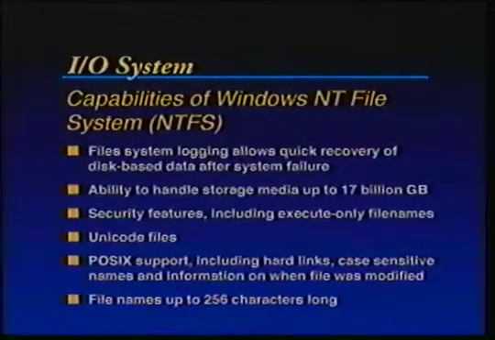And then one last characteristic is that under Windows NT, you can have file names which are up to 256 characters long. So no longer are you going to have to struggle with file names that have 8 characters followed by a 3-character extension. I'm sure a lot of you out there have struggled with trying to come up with unique yet meaningful names with that very small number of characters available to work with.